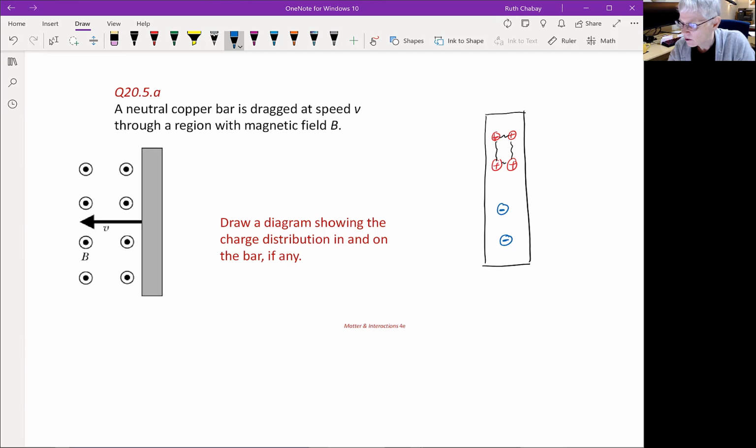Now let's consider a mobile electron. So the mobile electrons are inside the bar, and since the whole bar is moving to the left at speed v, then this electron is also moving to the left at speed v. We're moving at a constant speed here. So we're going to consider the system of one electron.